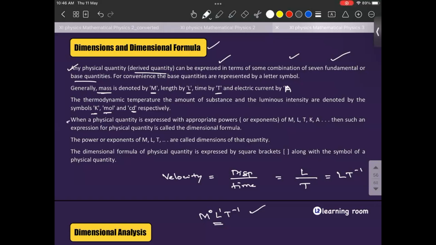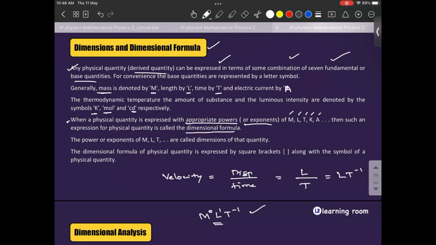See, when a physical quantity is expressed with appropriate powers or exponents, exponents of mass, length, time, Kelvin, ampere, then such an expression for a physical quantity is called the dimensional formula. So here, what is the dimensional formula?